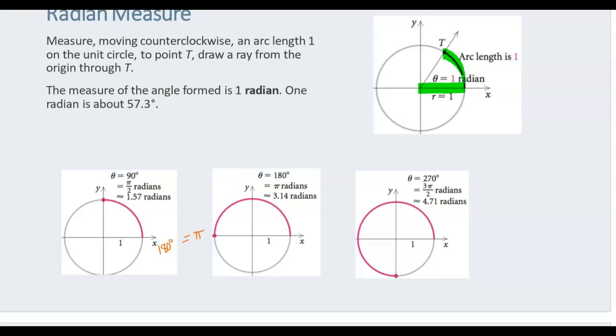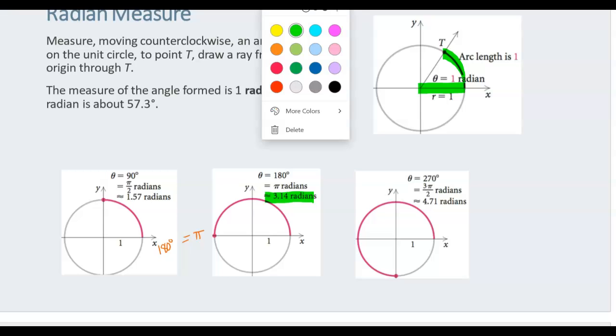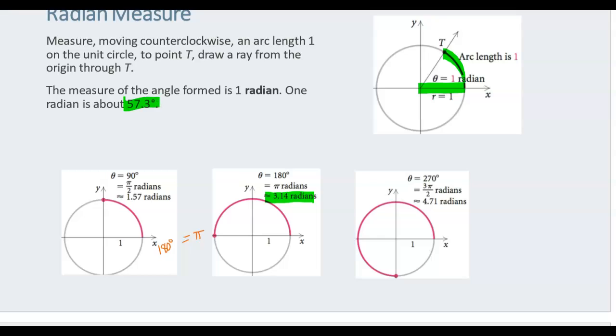But if you think about the number associated with pi, that number is 3.14. And so the distance that you would have traveled is approximately a little bit more than 3 radians. So if we take that idea and extend it to where 1 radian would be, we see that 1 radian is about 57.3 degrees.